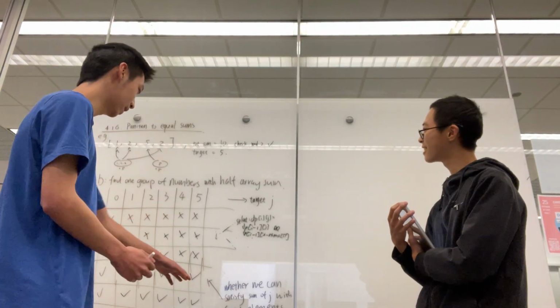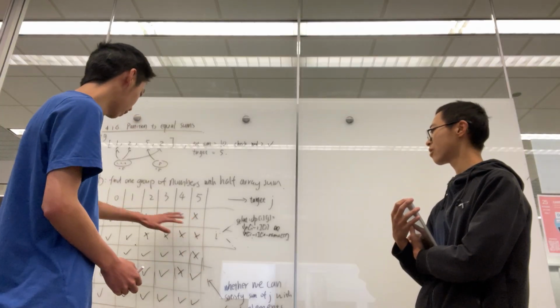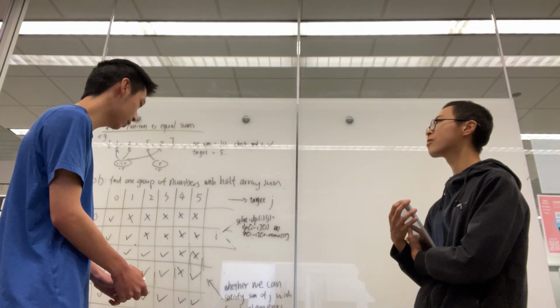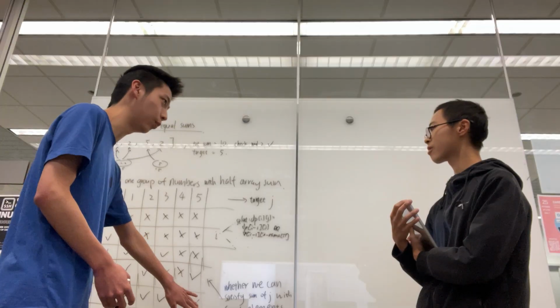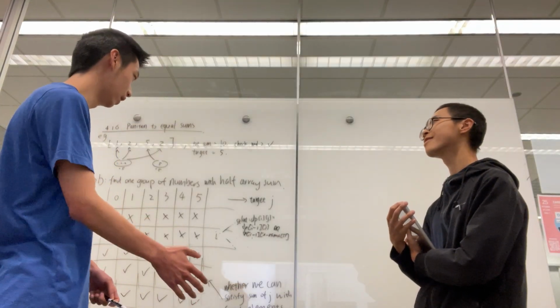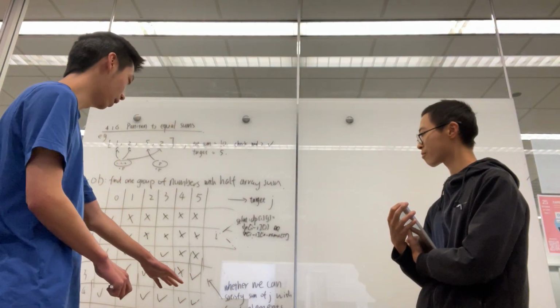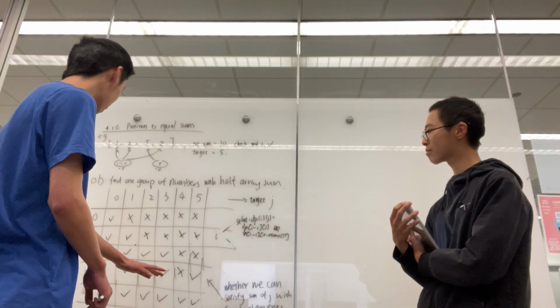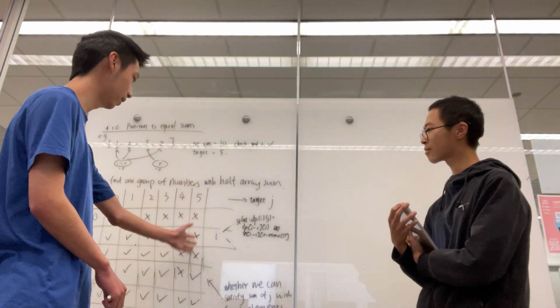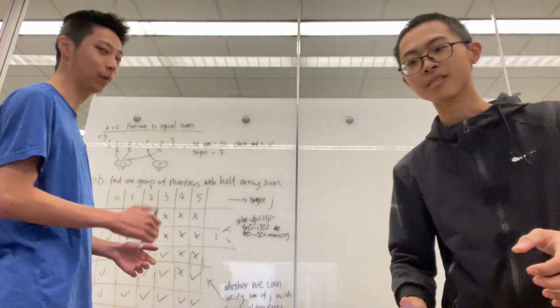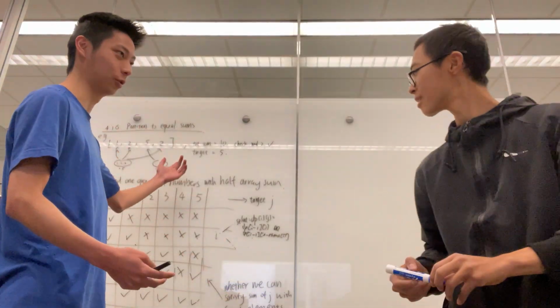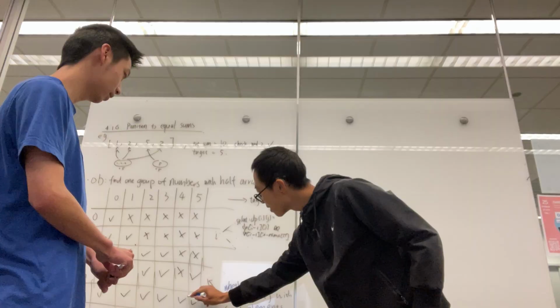So once the table is completely filled, you can basically check the bottom right element. The bottom right element here corresponds to using 4 elements to get a target of 5. And remember, that's our original goal. So this element, right?